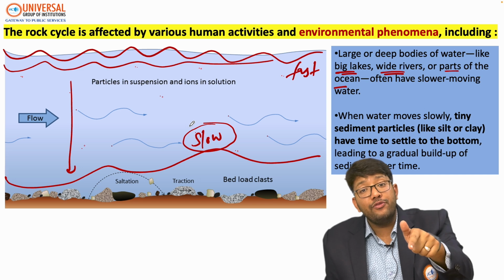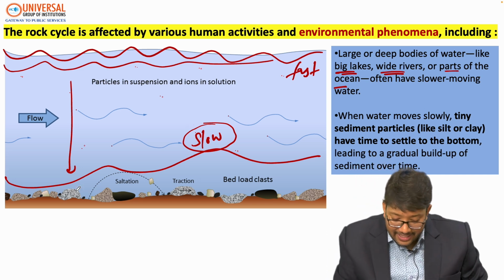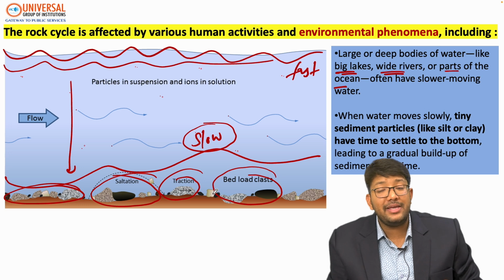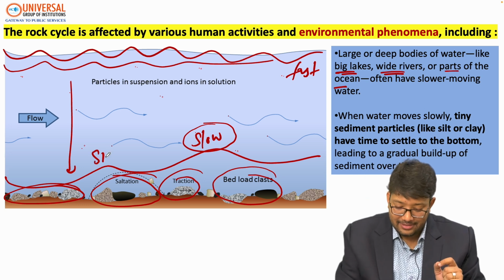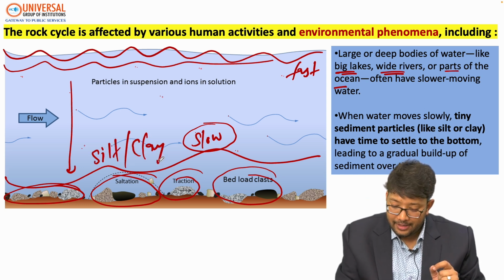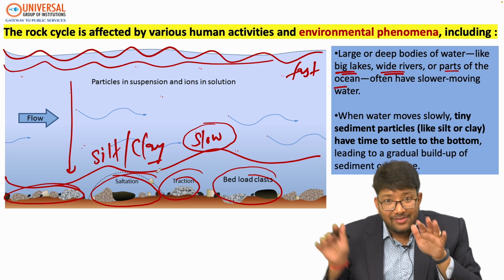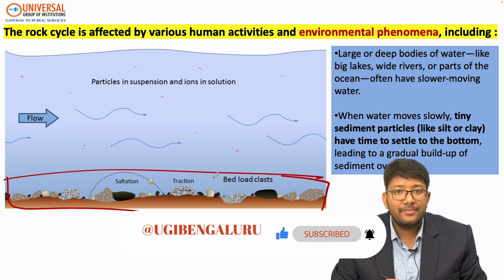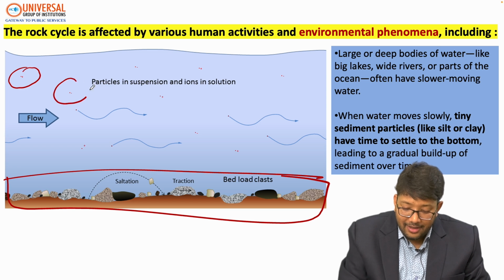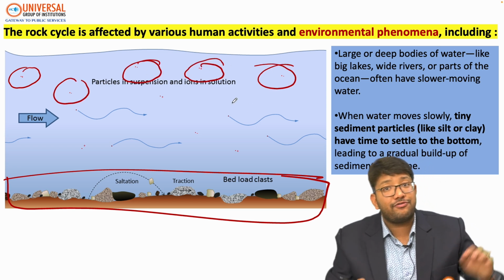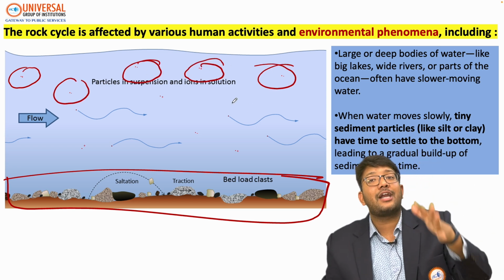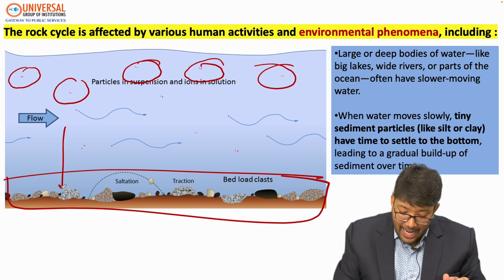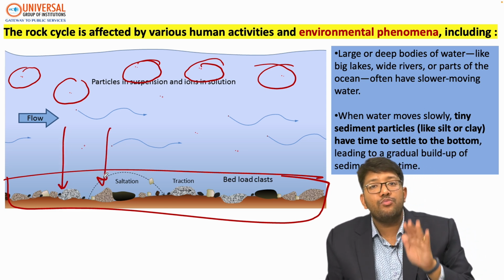If water moves slowly, what will happen? Sediment particles, for example silt and clay, what will they do? They will settle on the ground itself. Don't you think they will settle here only? Because up here, because of fast moving oceanic waves, they would be transported from one area to another. But due to the depth, settlement won't move that much.